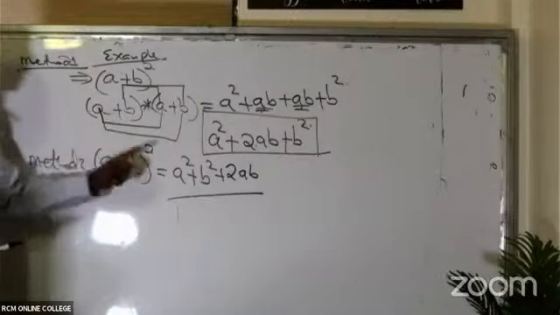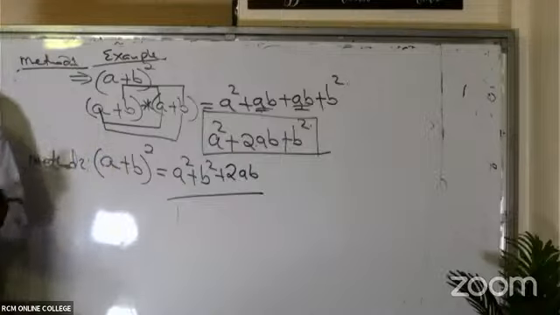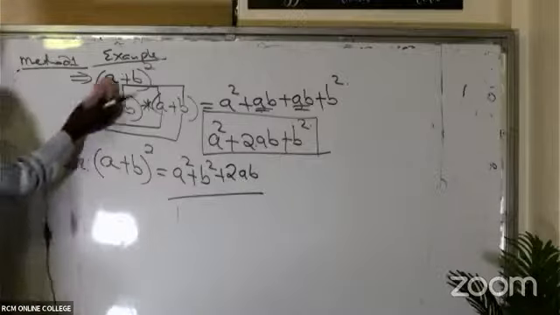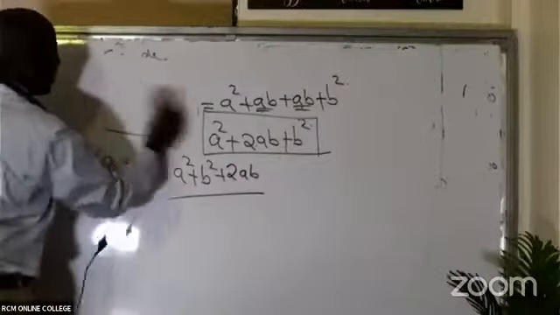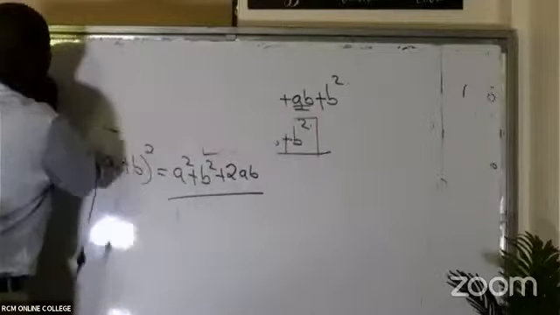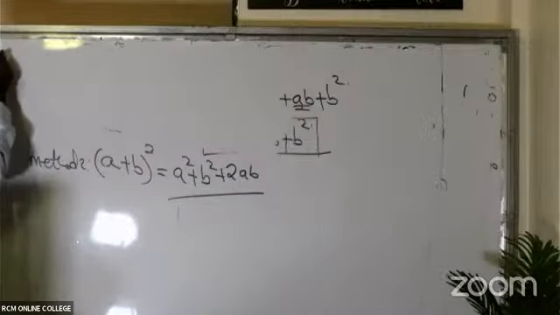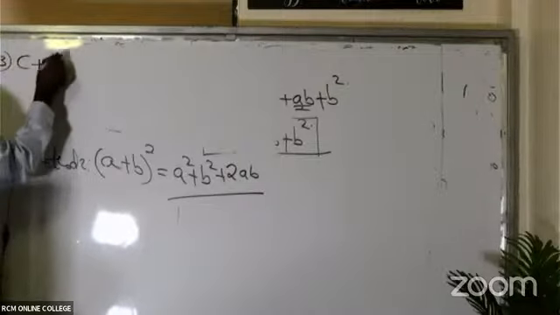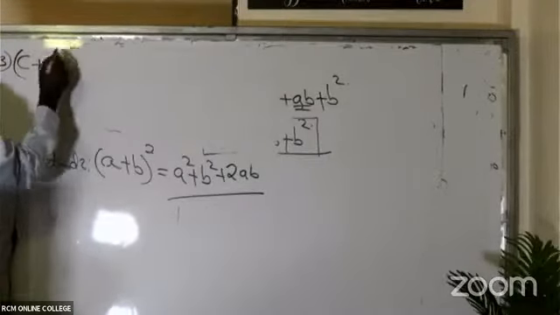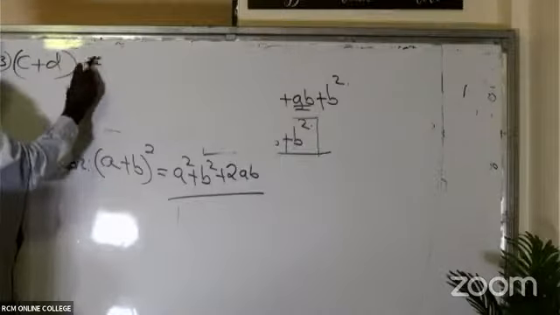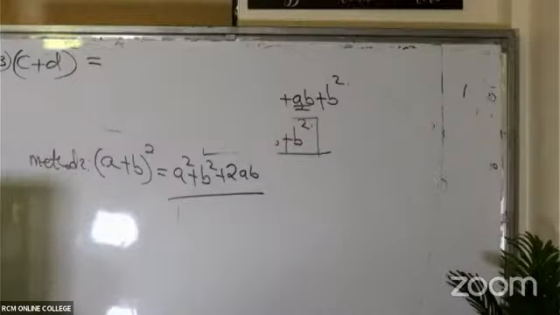So allow me to repeat this because this is very, very important for you guys, especially in paper 1 mathematics. Using this shortcut method, if you're given, for example, c plus d squared, can you kindly give me the expanded form here?